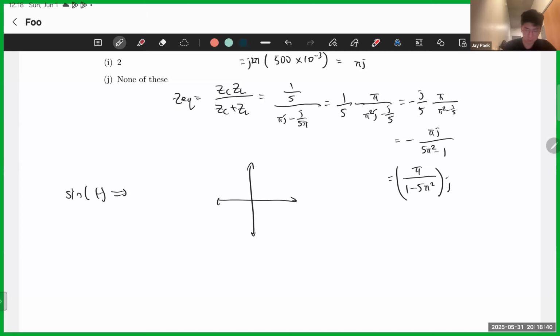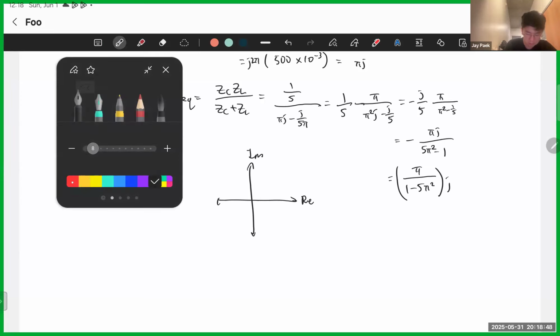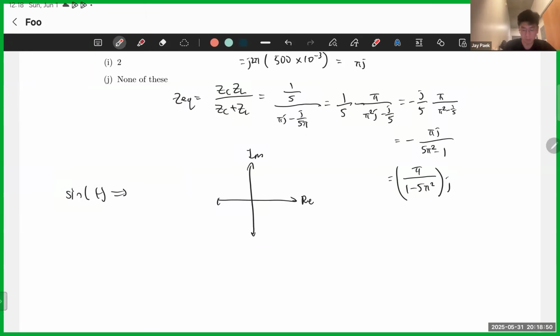The easiest way to think about this is if I have a real-imaginary plane, my sine of t starts at 0. So it's very easy to think of a sine wave as an arrow that rotates like this, and what I'm looking at is the projection onto the real axis. The real part of this rotating arrow will start at 0, then go to 1, then go to 0 again, and then go to -1. And what is that? That is precisely a sine wave.